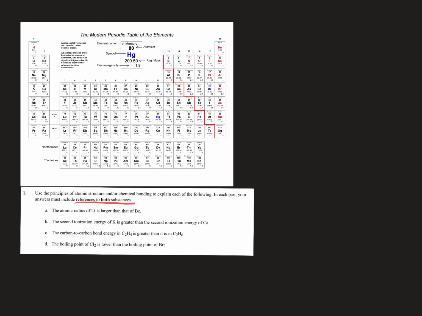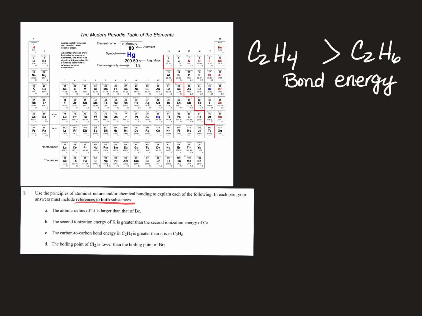The carbon-to-carbon bond energy in C2H4 is greater than the bond energy in C2H6. So we have C2H4 is greater than C2H6, and in this case we're talking the bond energy. So that means that we know that the bond energy is different. We know that the bond energy for multiple bonds is greater than that for single bonds.